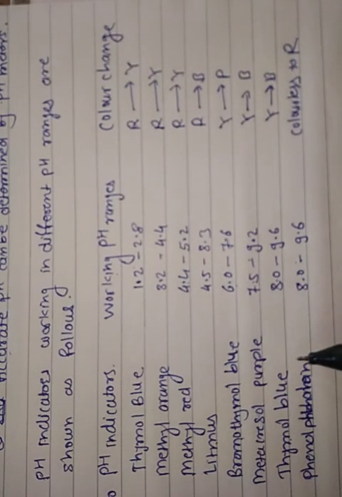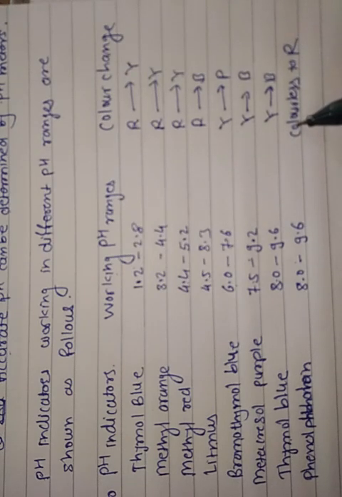And the most common pH indicator is phenolphthalein. The working pH range is 8.0 to 9.6 and shows color change from colorless to red color.